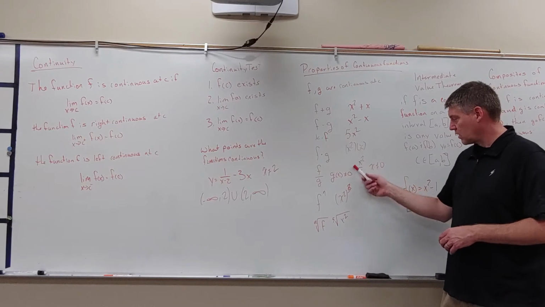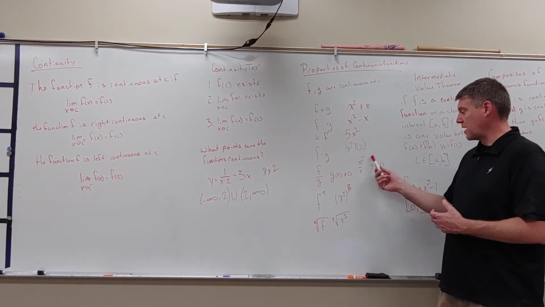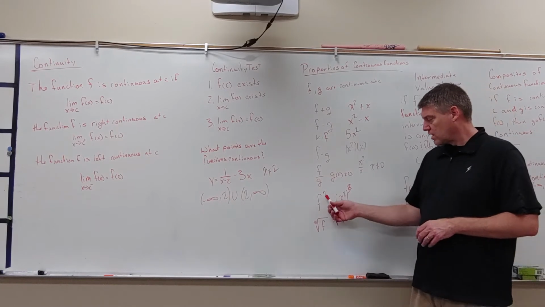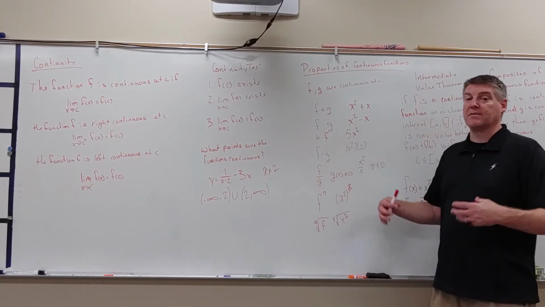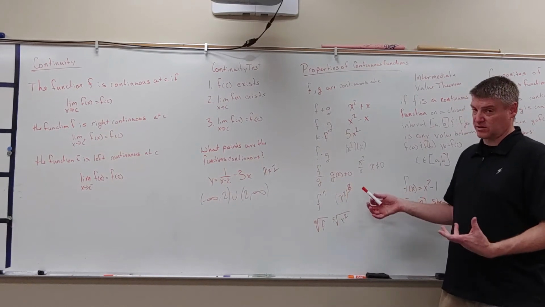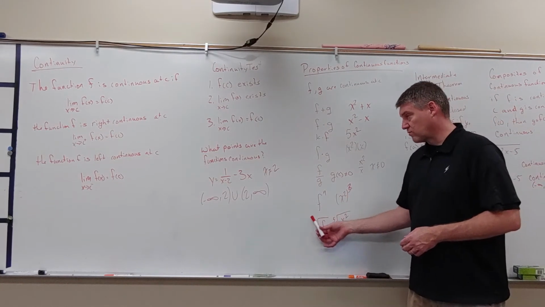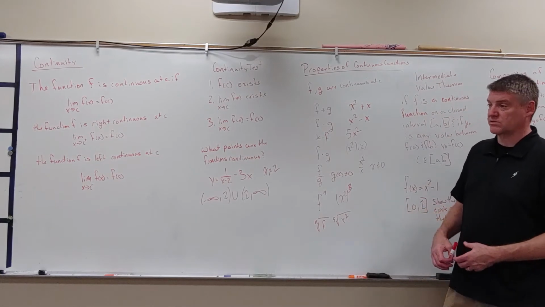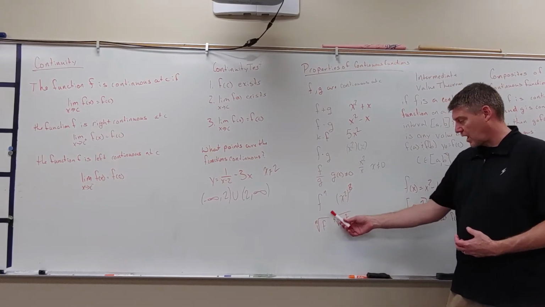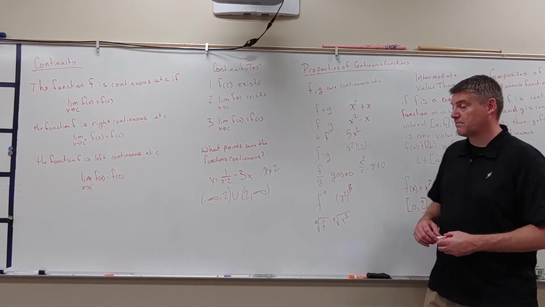Here I have x squared over x. I'm continuous everywhere except at 0. If I raise it to a power, I'm still continuous. X squared to the third power, I'm still going to be continuous. If I take a continuous function and I take the root of it, I'm still going to be continuous.